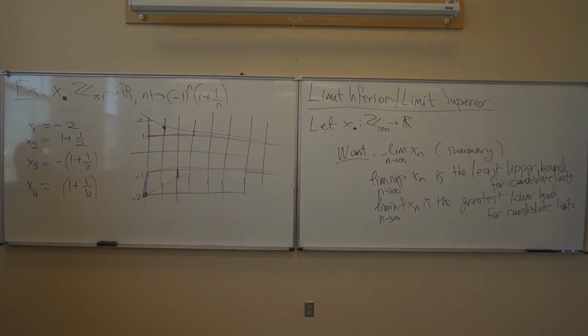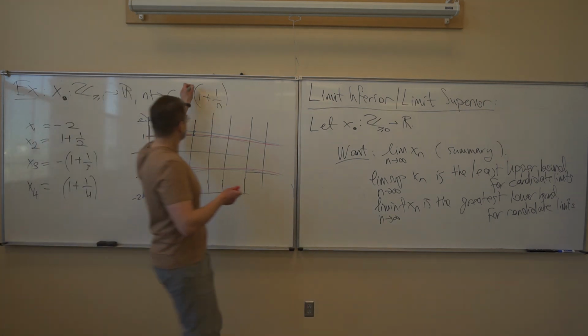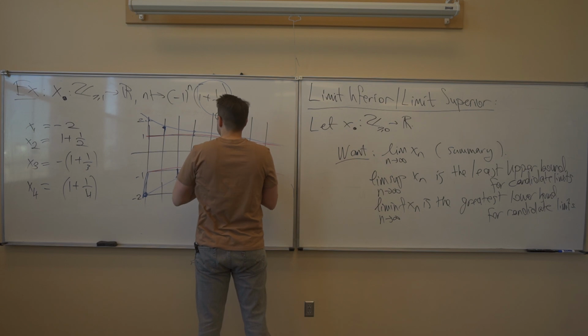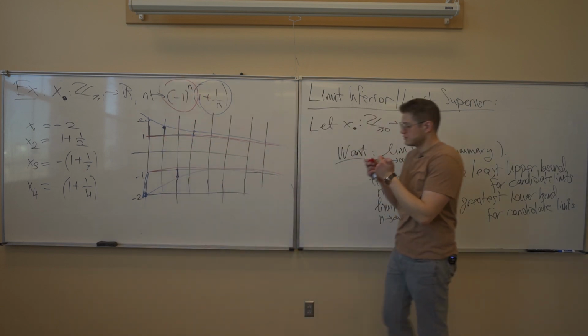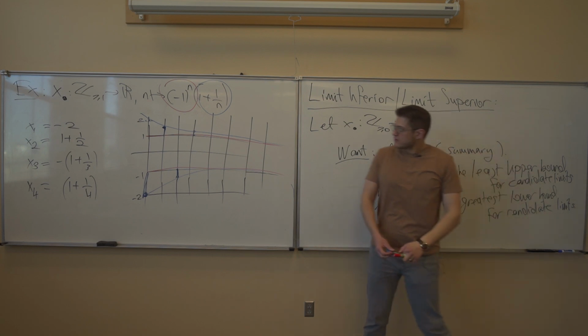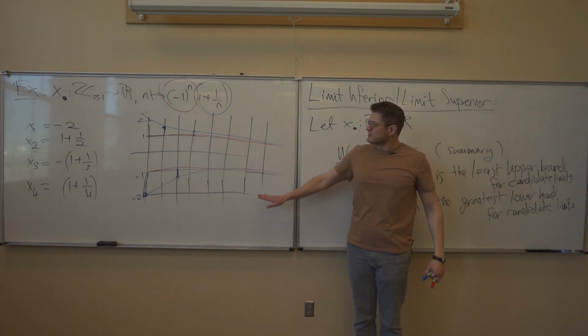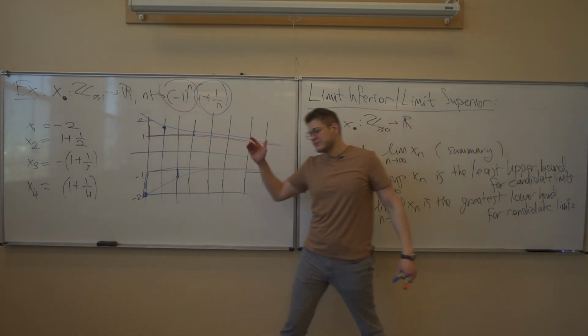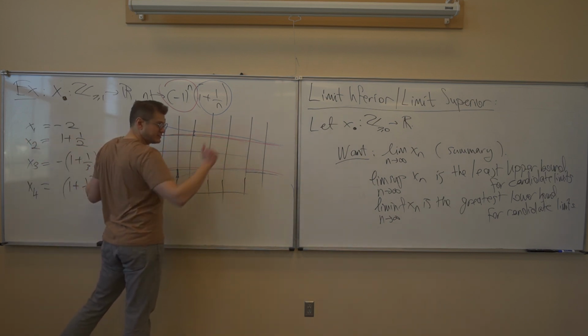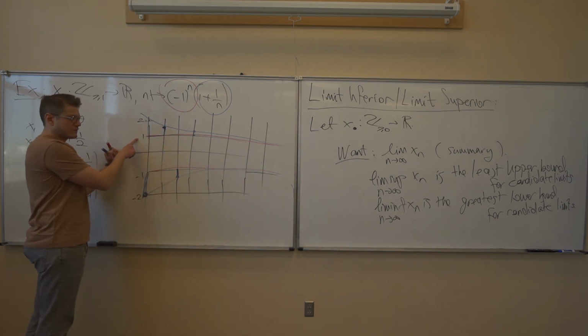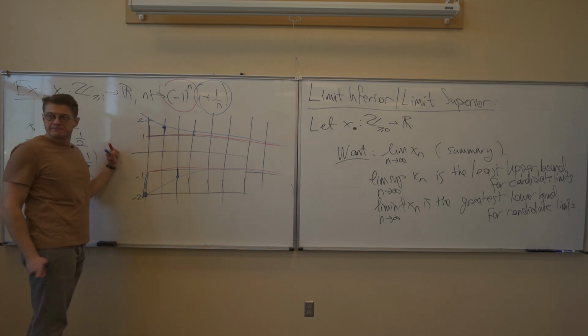So the blue part corresponds to this part. And the red part corresponds to this part. The limit doesn't exist, but the limsup of this is going to be the best upper bound. And so the best upper bound for the limit is going to be 1, and the best lower bound is going to be minus 1.